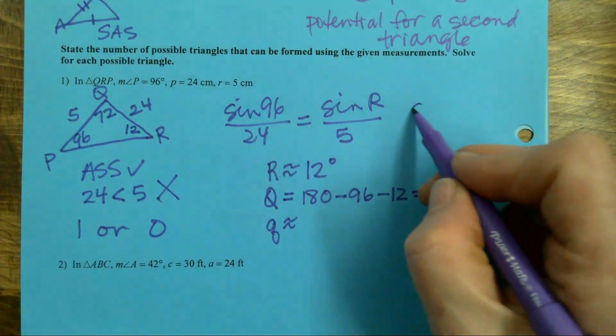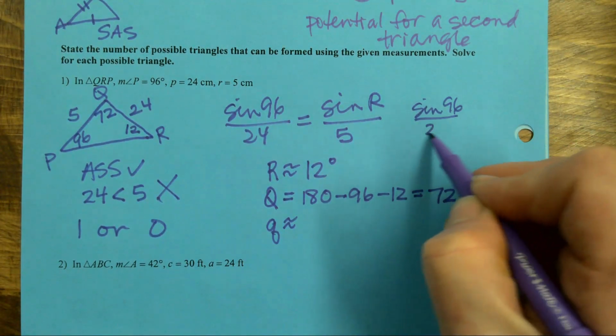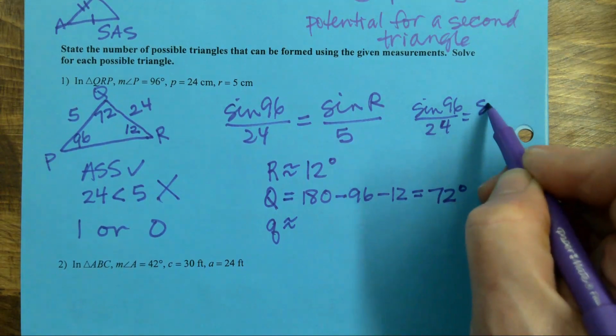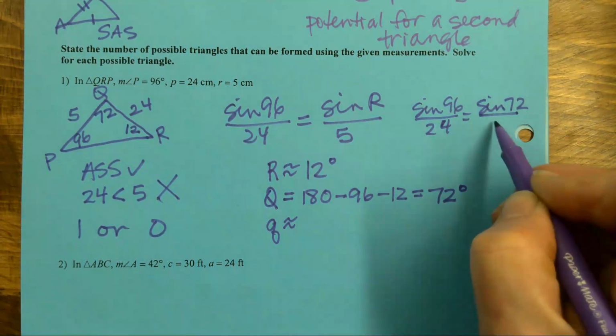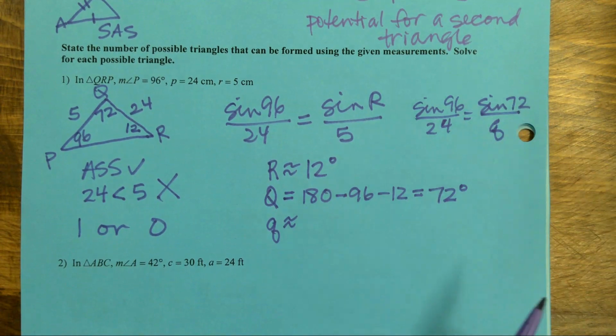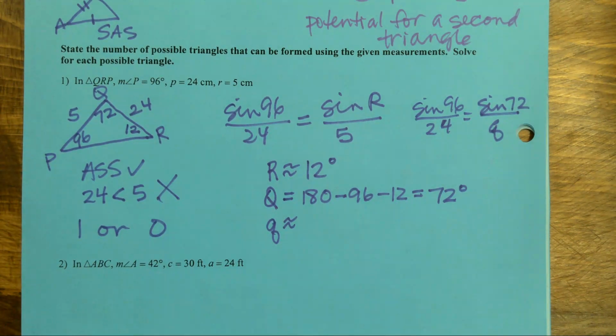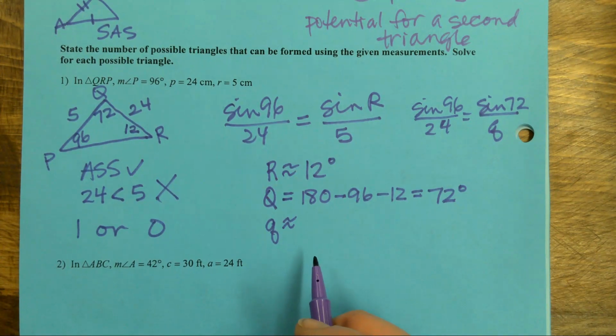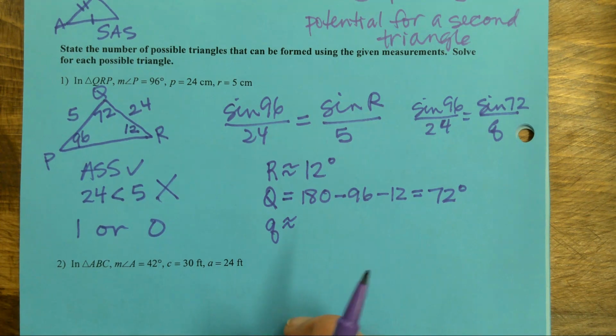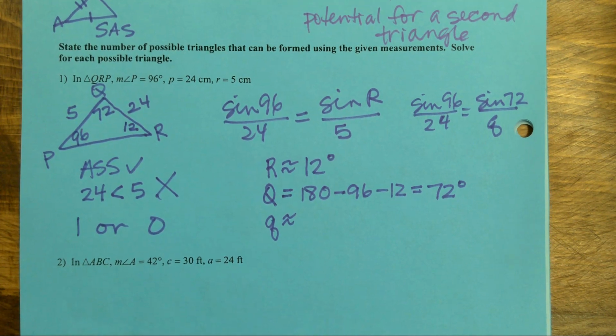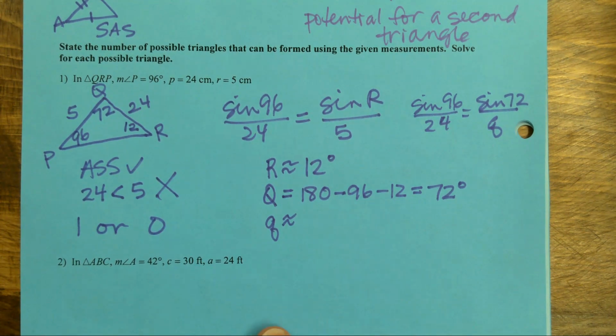I'll use the sine of 96 over 24, and then do the sine of 72 over side Q, and work my way through and solve, again setting up my proportion, plugging it in: 24 times the sine of 72, make sure you close your parenthesis, divided by the sine of 96, and again, I'll wait for some answers. Give her a second. I got 22.9. Did anybody else get 22.9-ish?